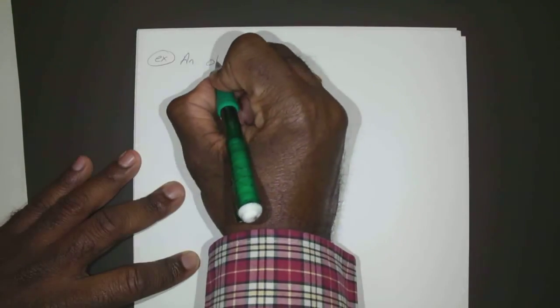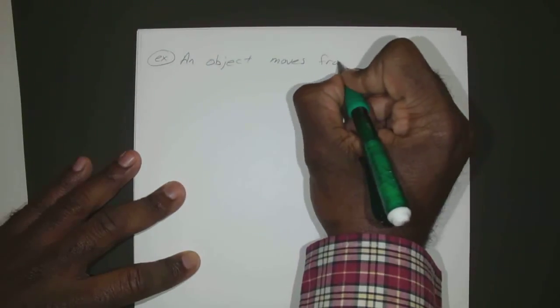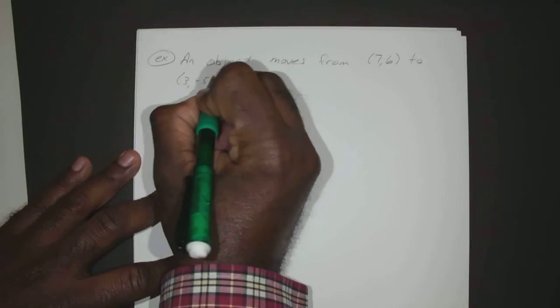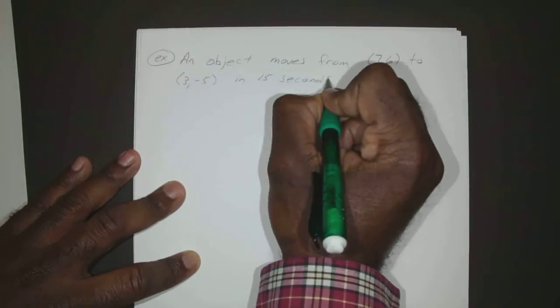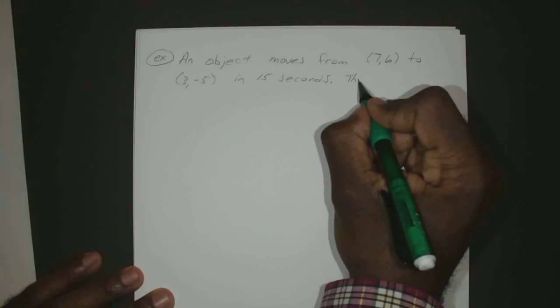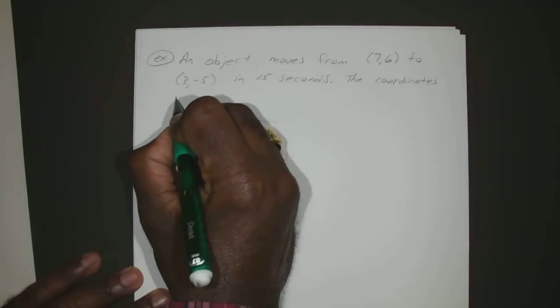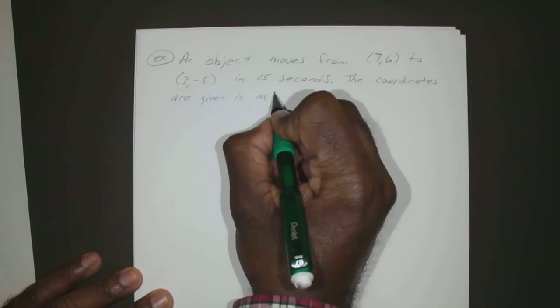Okay, so if we have an object that moves from (7, 6) to the point (3, -5) in 15 seconds. Okay, so the coordinates are given in millimeters.